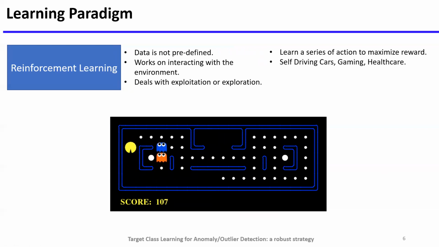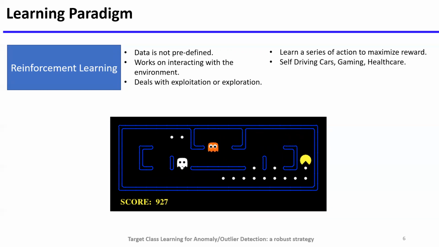Another category of learning environment is reinforcement learning. Here in reinforcement learning, we assume that whatever data we have is not at all predefined. But here we actually work with the system, or we interact with the system, and during our interaction we try to learn from the system.